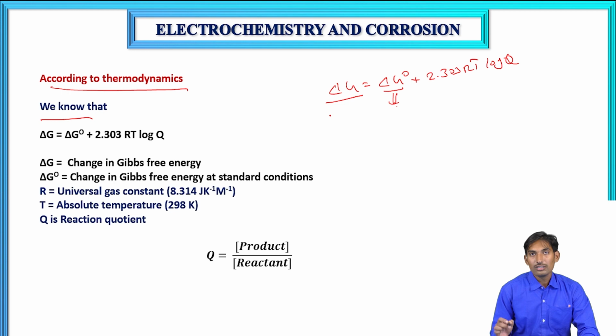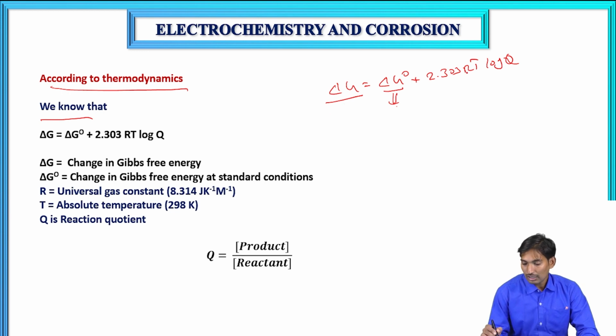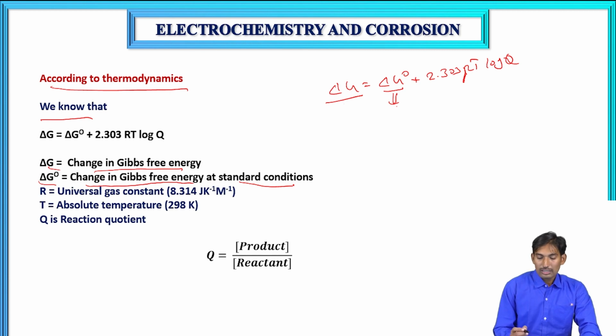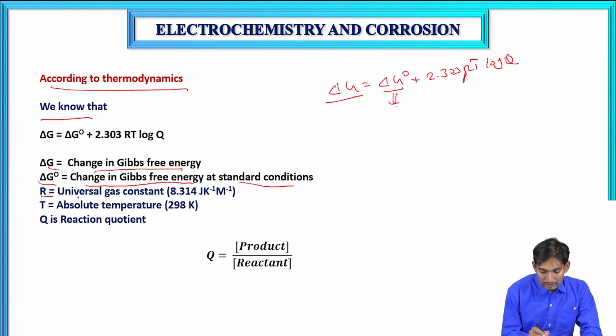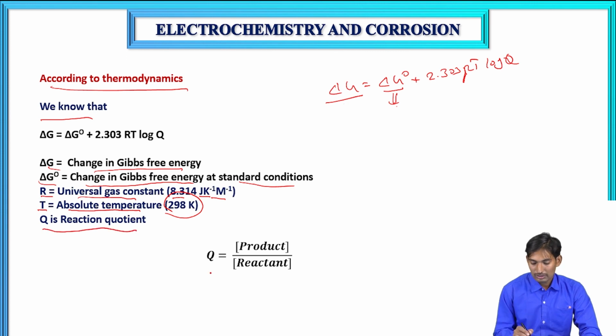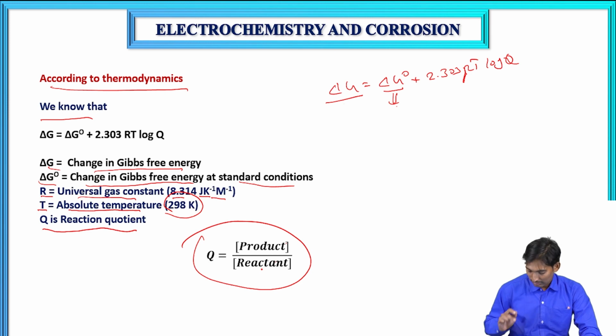R is the universal gas constant, 8.314 joule per Kelvin per mole. T is the absolute temperature, 298 Kelvin. Q is the reaction quotient, the concentration of product divided by the concentration of reactant.